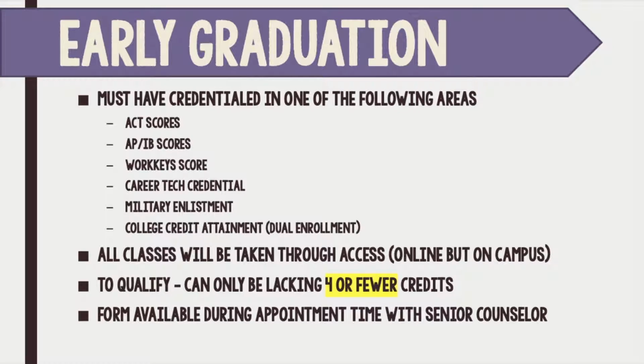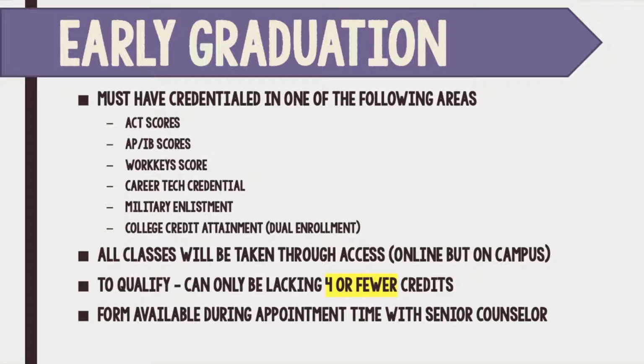You also must have credentialed in one of the following areas, going back to the top. So you can credential in any of the following ways with your ACT score. You could have scored, I think, a 3 or higher on an AP test and a 4 on the IB exams. You could have gotten a silver score on the WorkKeys, meaning a 4 in each area, and we'll take that your senior year.